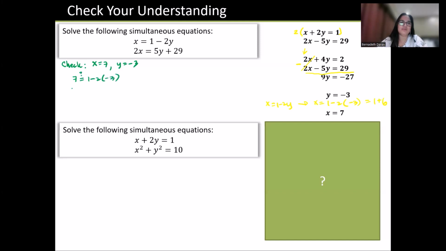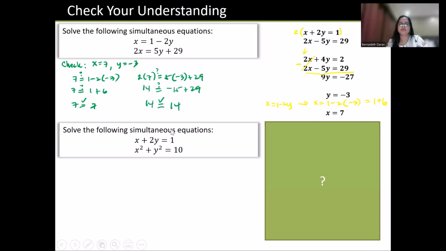Would they be equal? So 7, is it equal to 1 plus 6? Yes, it is equal. How about in the other equation? We have 2 times 7 is equal to 5 multiplied by negative 3 plus 29. So we have 14. Are they equal? Is it equal to negative 15 plus 29? So yes, they are equal.